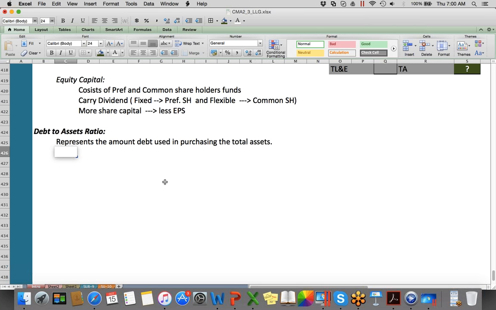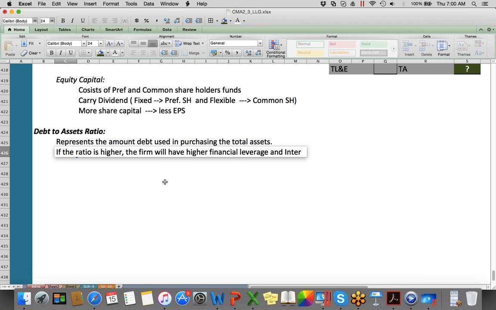If the ratio is higher, the firm will have higher financial leverage. Financial leverage means higher contribution from external capital, and interest burden.